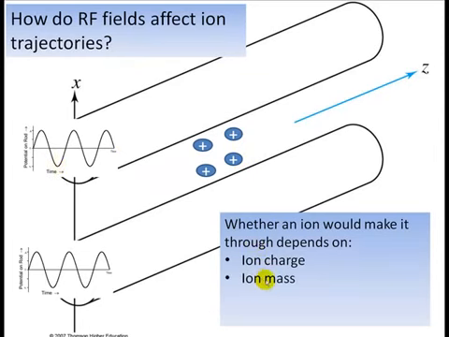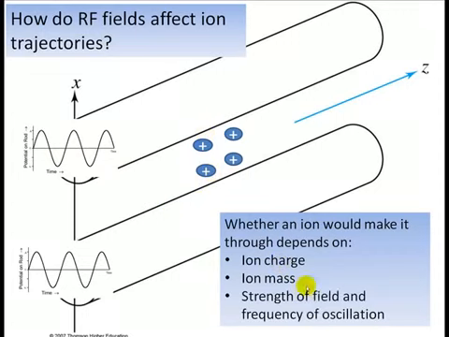If the ion is light, it's going to accelerate quickly, and that too increases the probability that it will smash into the rod when the rod is negative. What else is another factor? The strength of the field is an important factor. The stronger the field, the more likely it is that the ion will smash into the rod when it's negative. Also, the frequency at which the field flips back and forth from positive to negative is another factor.